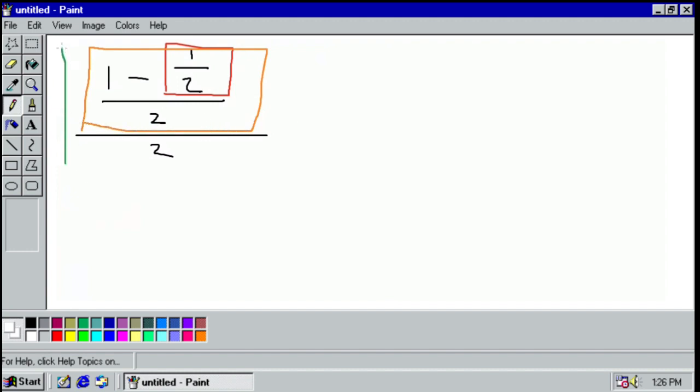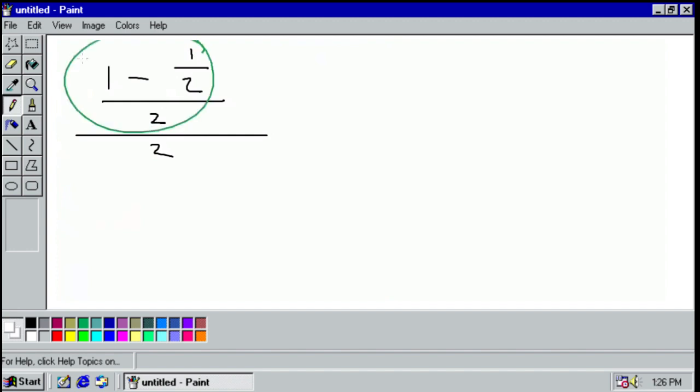Now, how would you identify which part is which fraction? We have a smaller bar, a longer bar, and an even longer bar. So we need to do them from smaller to longest bar. So we need to solve this part of the fraction first.